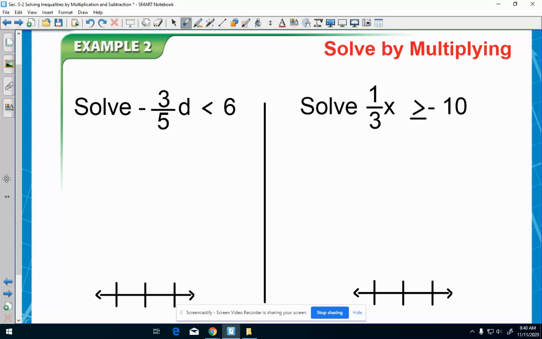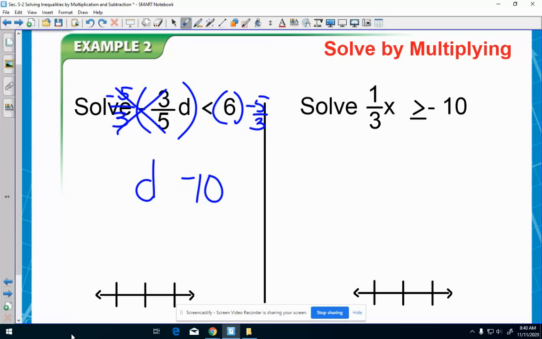Okay? If I did not do that here, if I left it like it was, and I multiplied by the reciprocal, negative 5/3, that all cancels. I would get D over here. That's negative 30 divided by 3, so negative 10. If I leave the sign the way it is, it says that I must have an answer that's less than negative 10.